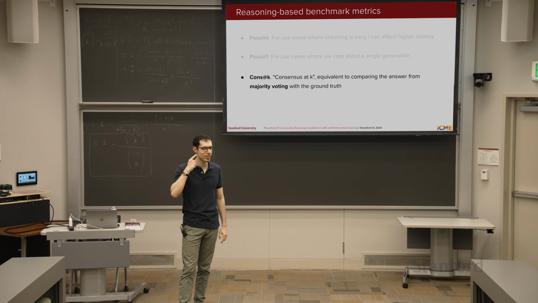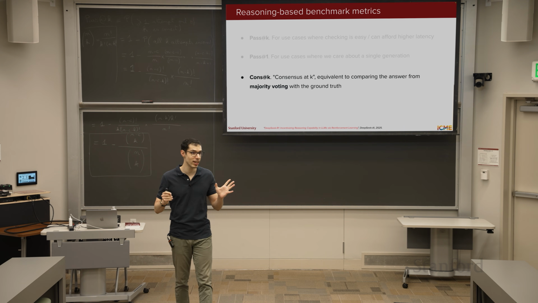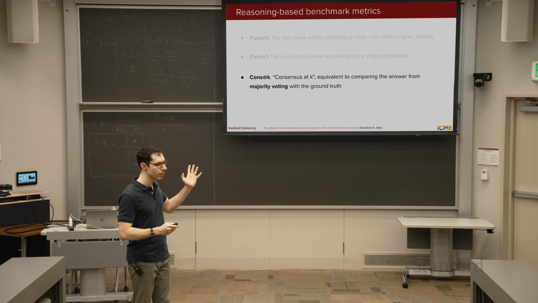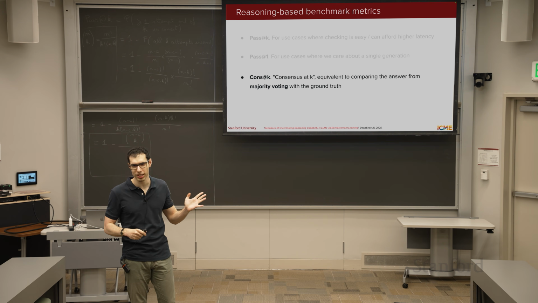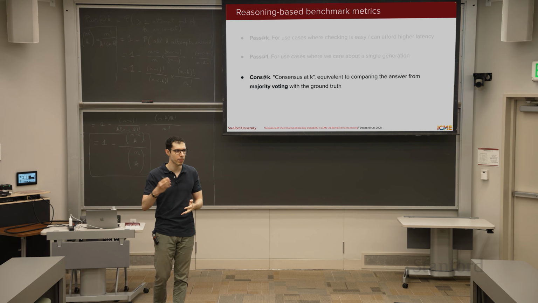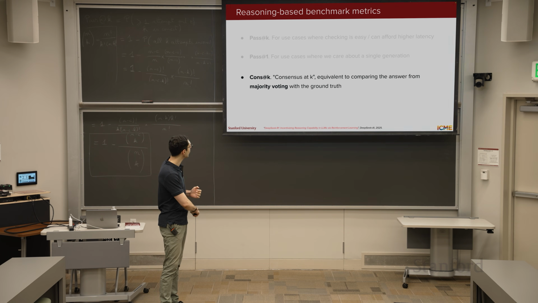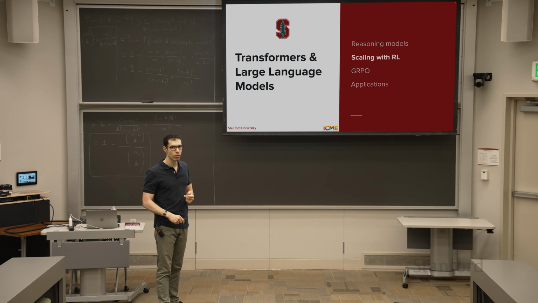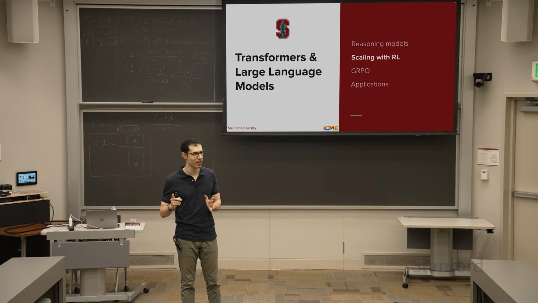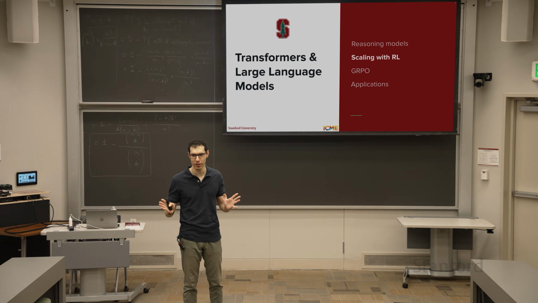And you can think of the self-consistency technique as being very related to that. The other metrics that you will see in those benchmarks are typically the ones that you're familiar with, like accuracy, exact match, and so on. OK, I took a lot of time on this first part. I think I need to go a bit faster, but does that roughly make sense so far?